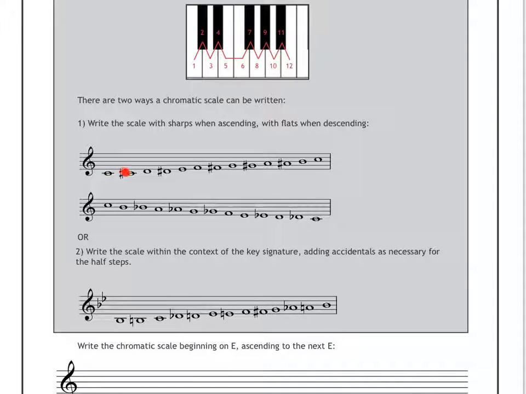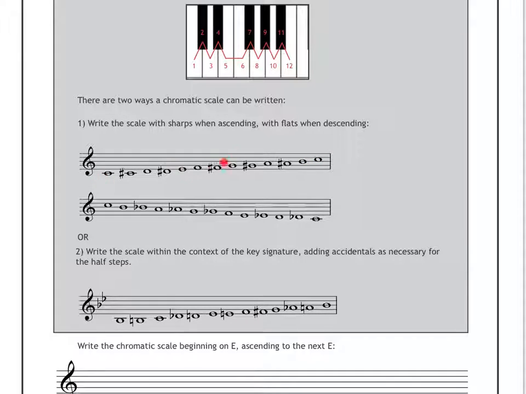So C to C sharp, D and D sharp, E, well, you're not going to write E sharp because there's no black key after E. So you're going to go from E straight to F, then F sharp, then G, G sharp, A, A sharp, B, and straight to C because there's no black key between B and C, of course.